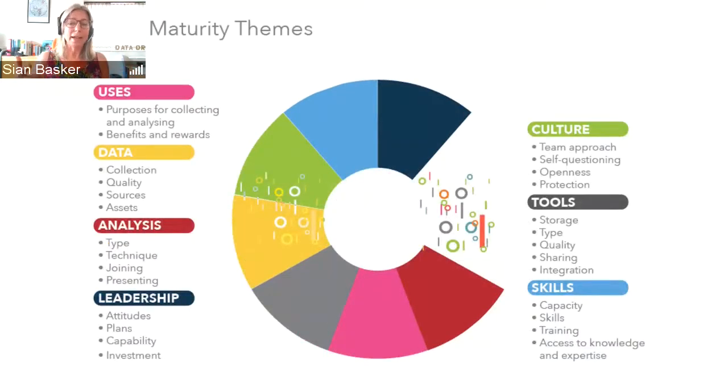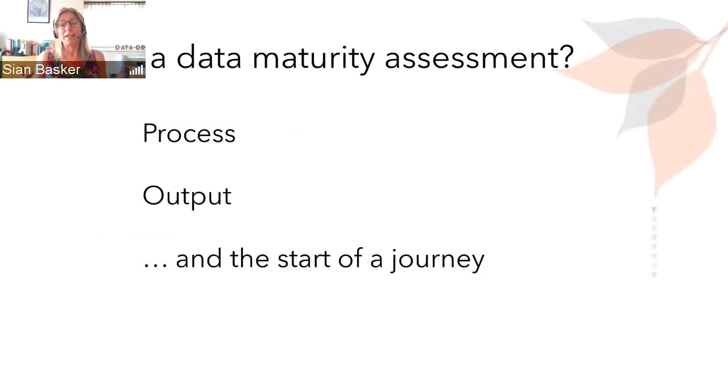So we designed our data maturity assessment as a set of questions around those 7 themes. And you can see for each theme, there are a set of sub-themes. People can go online and take the questionnaire and they will get their own report. It sits within the context of a process that the organisation goes through.